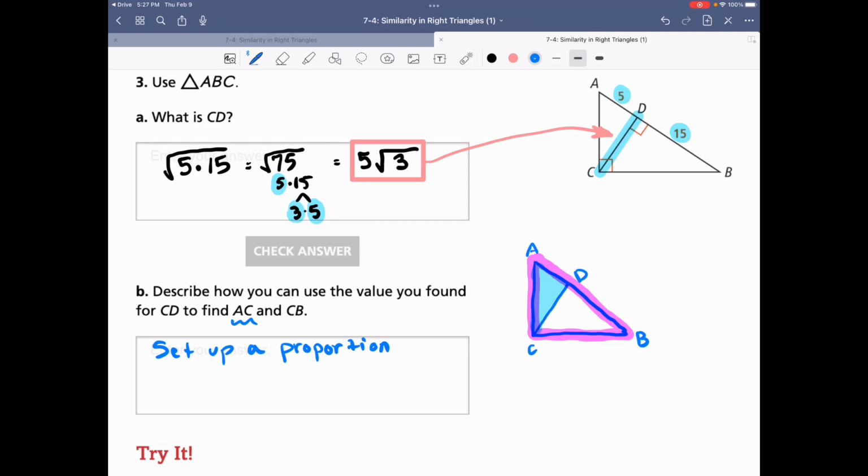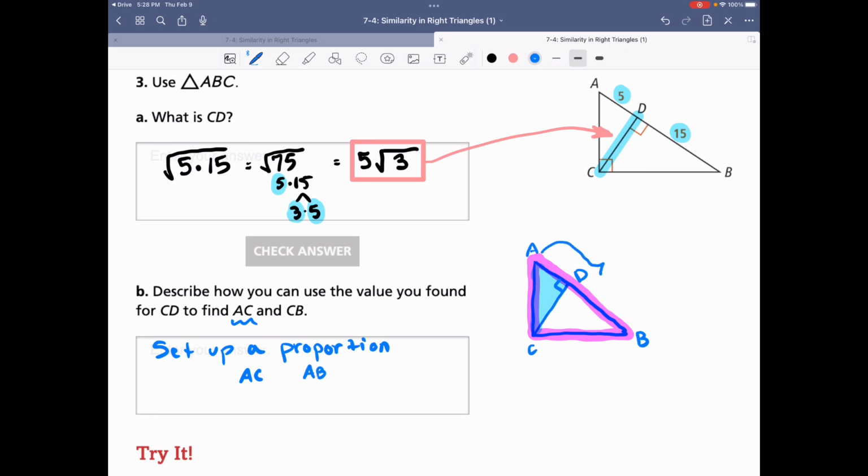Since we are looking for AC, we're going to do AC of the little triangle, the blue one. That would be the hypotenuse of this little triangle, A to C. And so the hypotenuse of the larger triangle is AB.